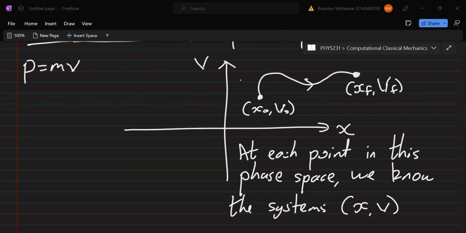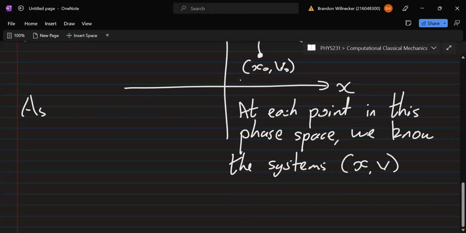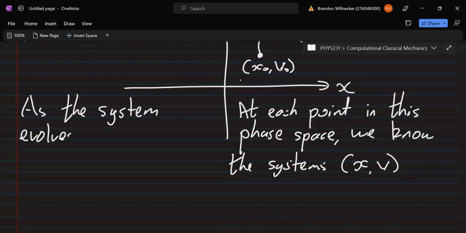So if something's moving, the position will change and the velocity will change along that curve. As the system evolves in time, quite similar to how we spoke about time evolution in quantum mechanics, it's very similar in this case.